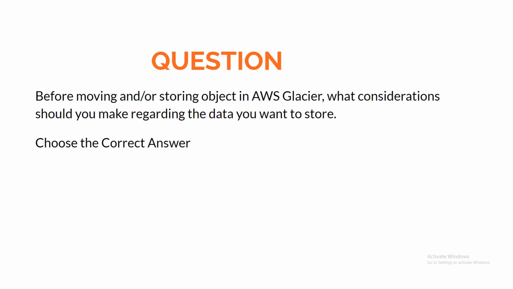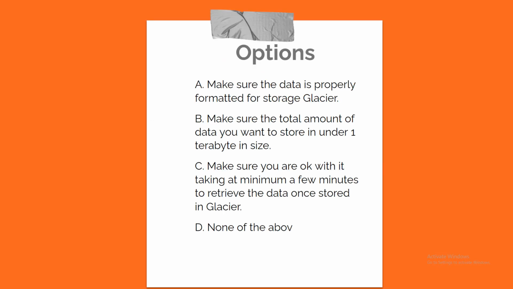Question. Before moving and/or storing objects in AWS Glacier, what considerations should you make regarding the data you want to store? Choose the correct answer. A. Make sure the data is properly formatted for storage in Glacier. B. Make sure the total amount of data you want to store is under 1 terabyte in size.